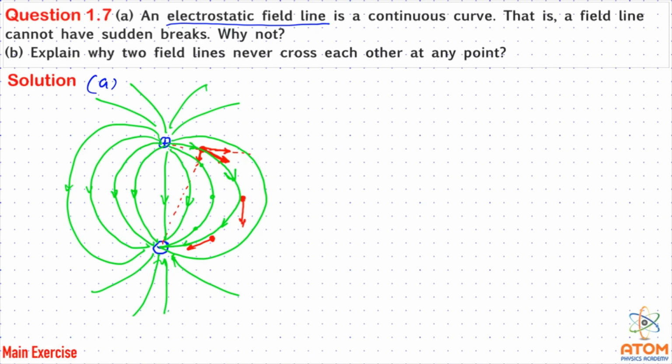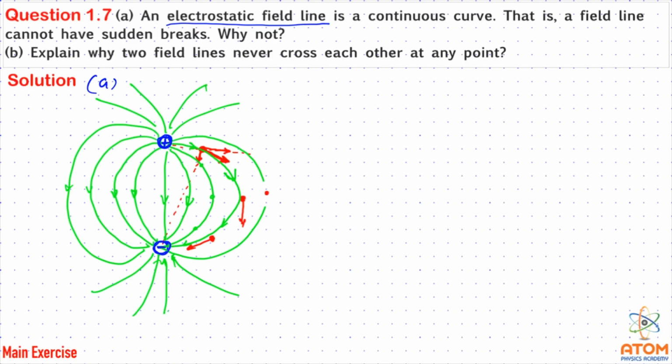So it is continuous. Suppose I show some gap here, let me draw like this, means I am removing this portion. If I draw this type of gap here, it means that I want to say that at this point if I put a unit positive charge, then it doesn't feel any force. But that is not possible, because here there is a positive charge and here there is a negative charge, and they both will be applying force at any point nearby.